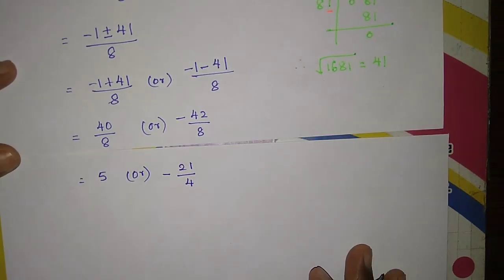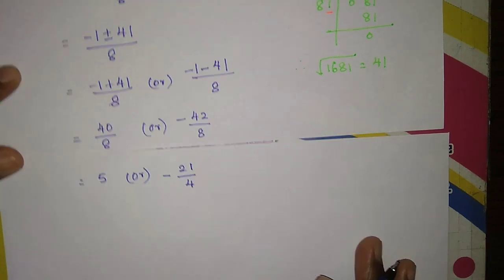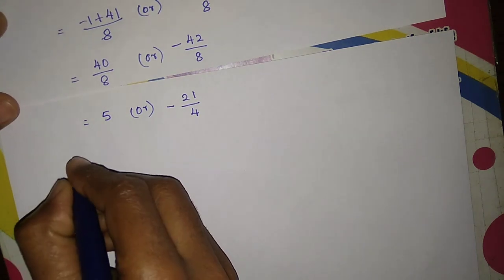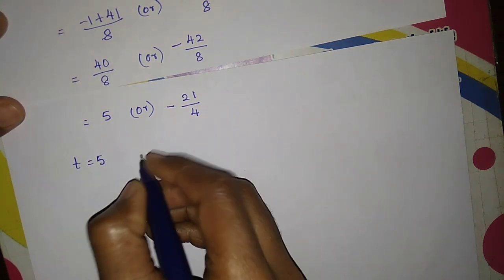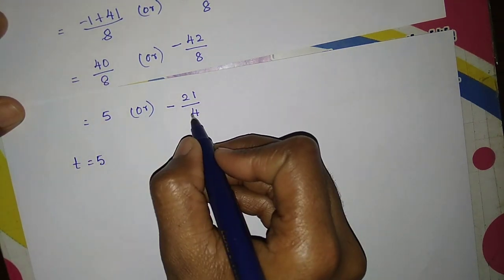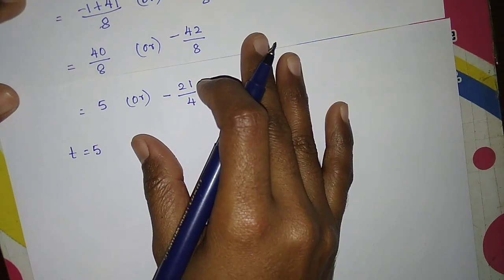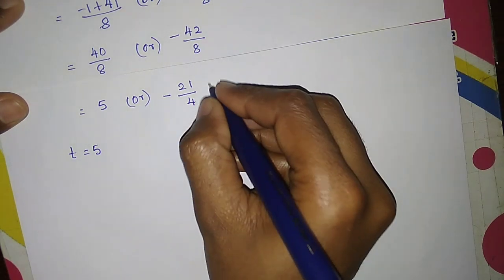So this is the solution for t. Either t is equal to 5 or t is equal to minus 21 by 4. So what is t? t is the time in this problem. Time cannot be negative.